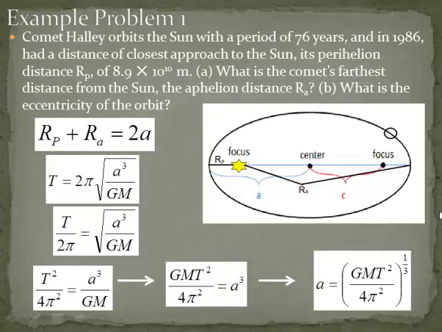So I want to use that formula to get A, but first, this period is in 76 years. We want things in standard metric units, and the standard metric unit for time is seconds, so we want to convert that to seconds. So I'm going to use some dimensional analysis because that just makes things easier for me.